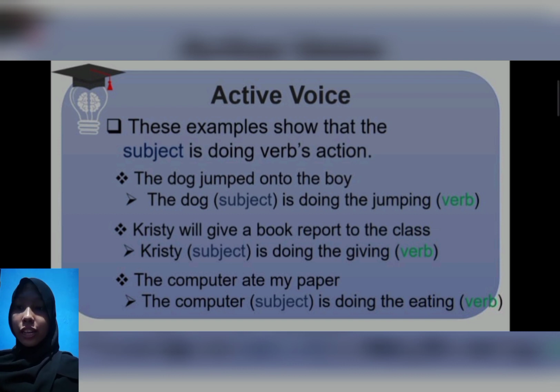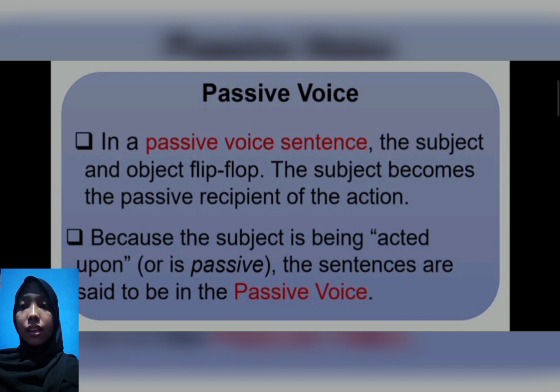Christy is the subject, doing the giving, which is the verb. 3. The computer ate my paper. The computer is the subject, doing the eating, which is the verb. And next slide, passive voice.